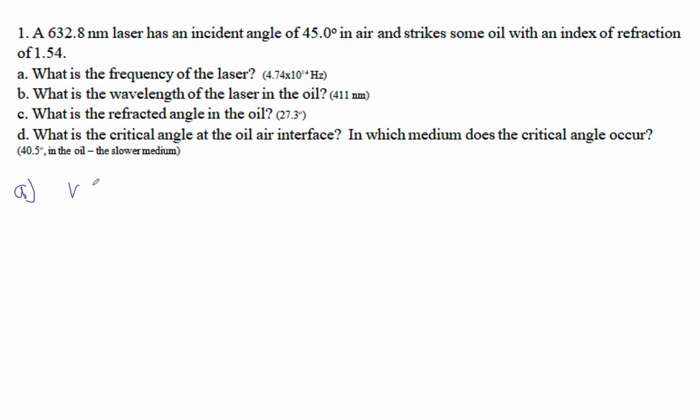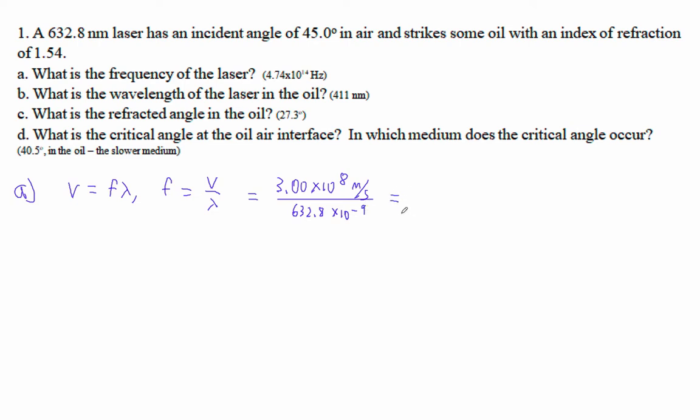I'm going to use v = fλ, so therefore frequency is v over λ, which is the speed of light, because it's light, right? And then that's divided by lambda, which is 632.8 nanometers, times 10 to the minus ninth.